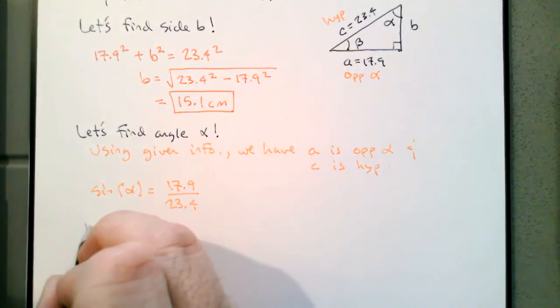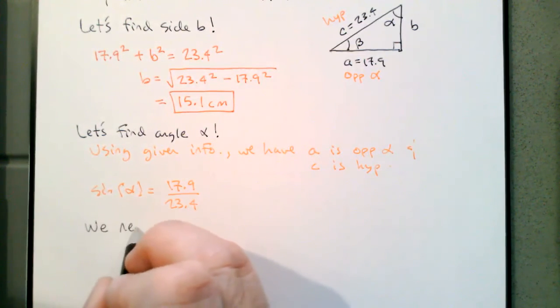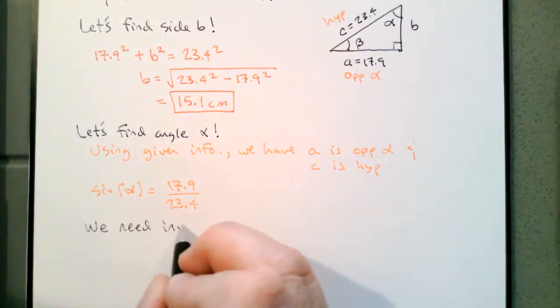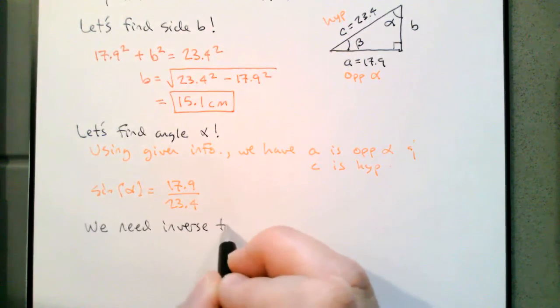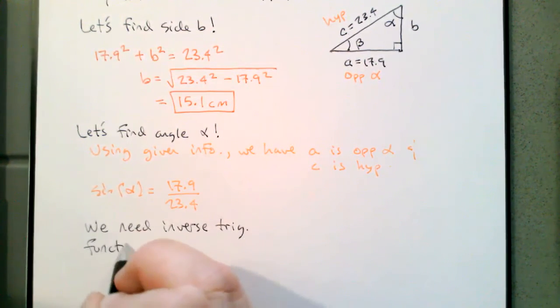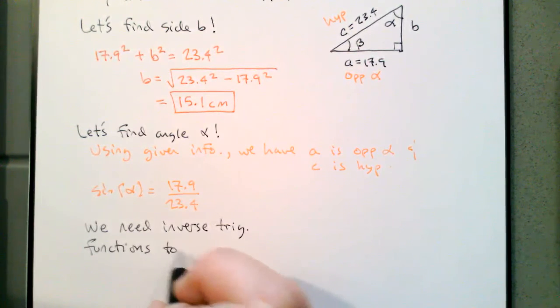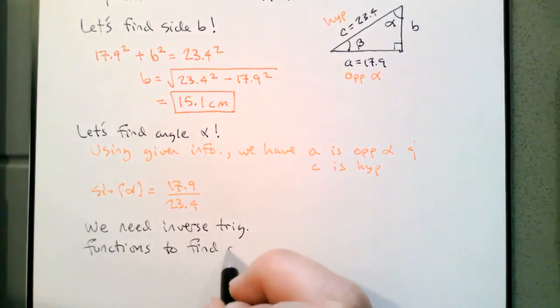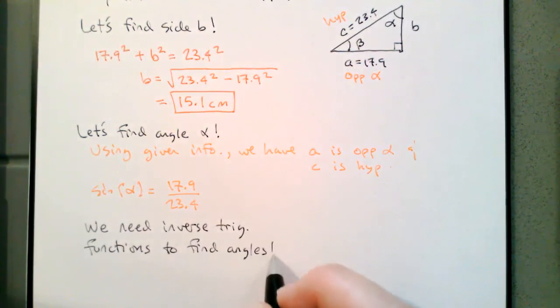We need inverse trig functions to find angles. So the sine of alpha is 17.9 over 23.4.